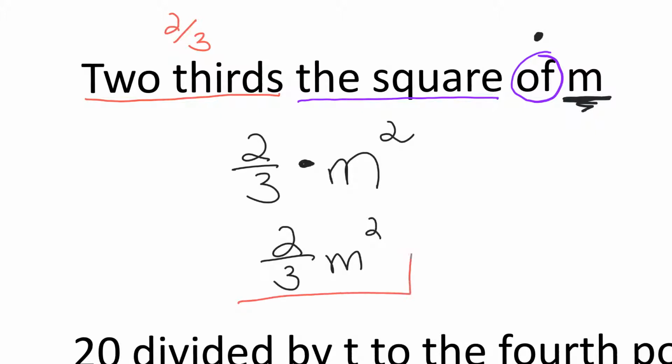So that is your algebraic expression. The fraction, you multiply the variable m with the exponent of 2, which is the square of m. Do not put the 2 at the beginning of the m because that's something else. I see that a lot. So it has to be an exponent because square means exponent of 2.